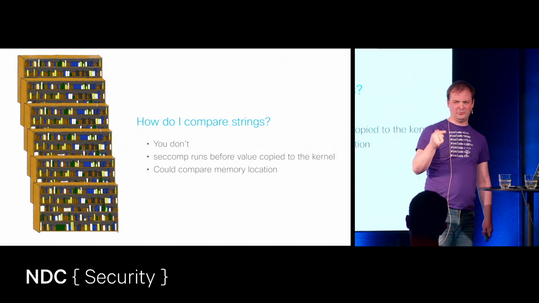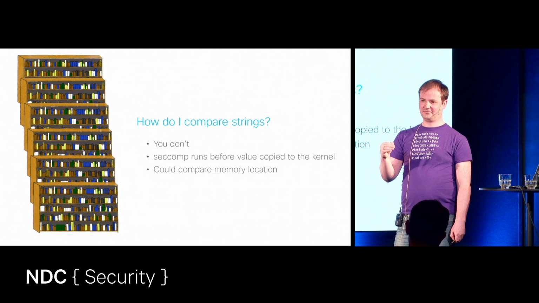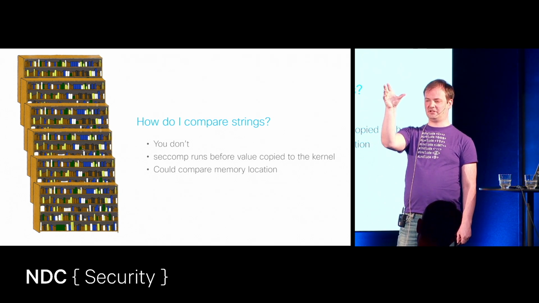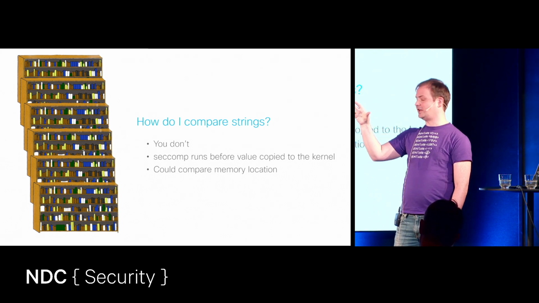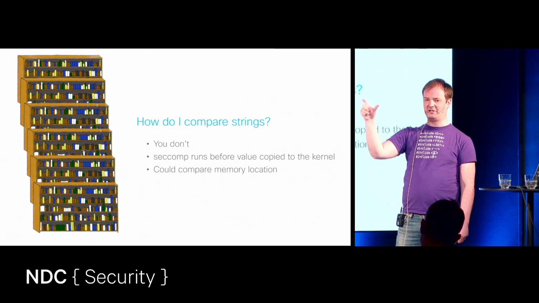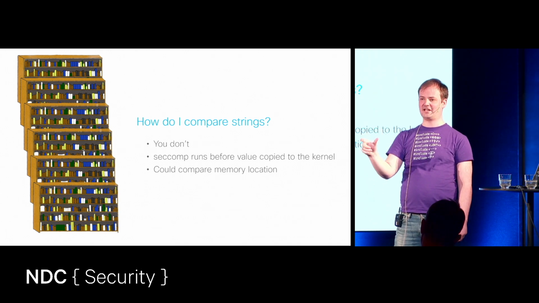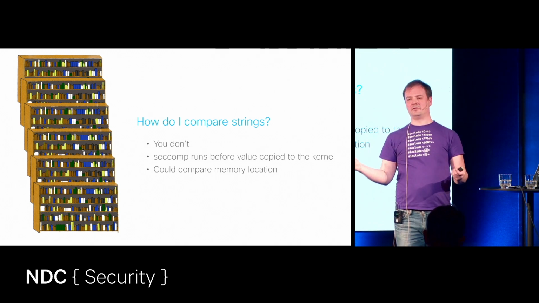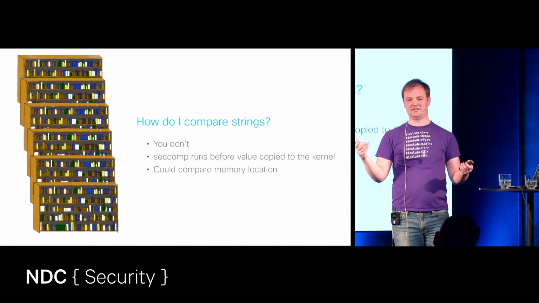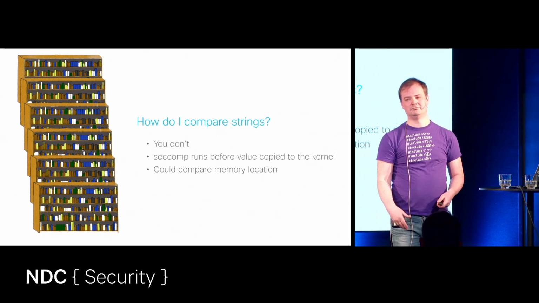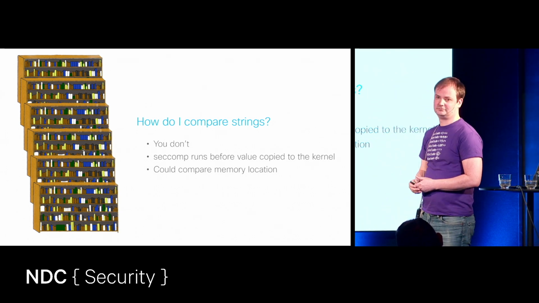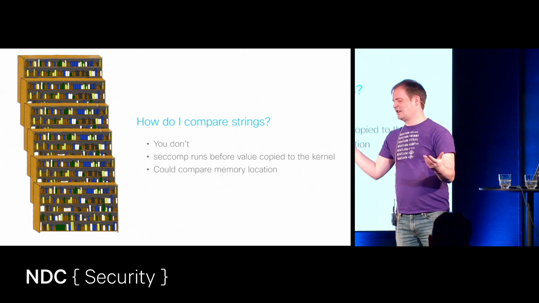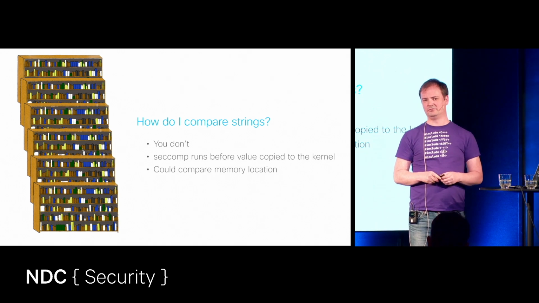So what you could do, if you really want to check these strings, is have a static, which has its own memory location that you use all over your program, and you compare the memory location you get to libseccomp, or just to seccomp, with that memory location. Of course, if someone writes the same string and it's not using the same static memory, then they will fail. That won't be allowed. But generally, there's no real reason to.